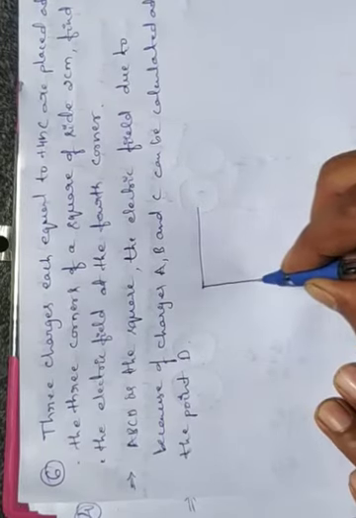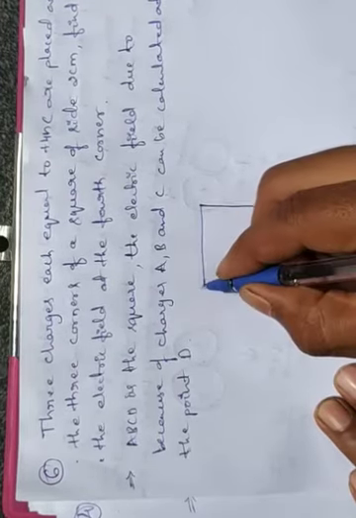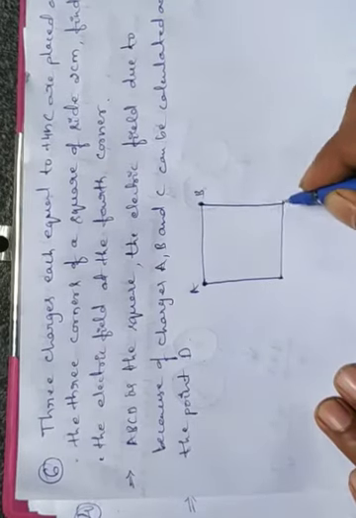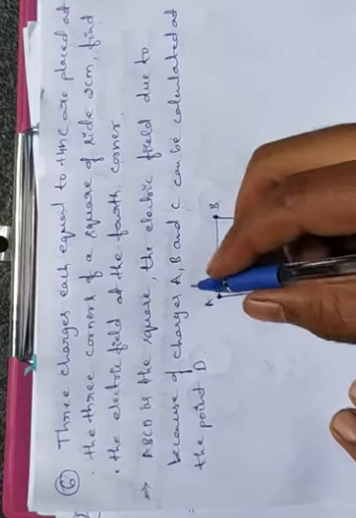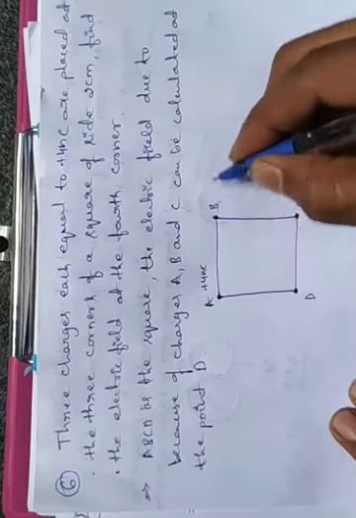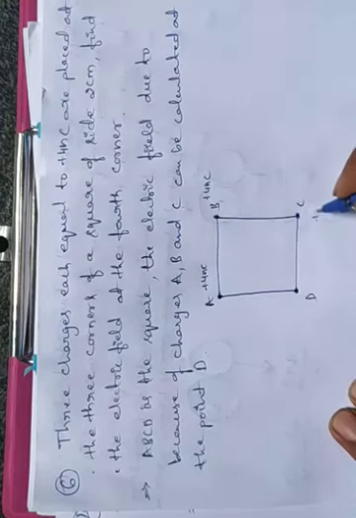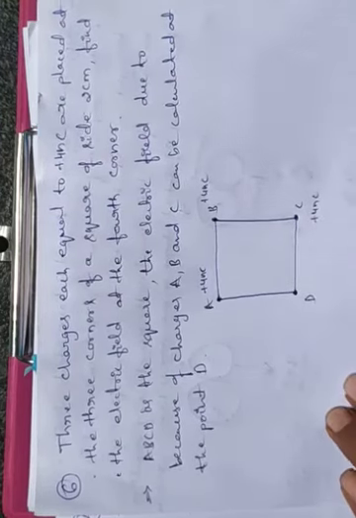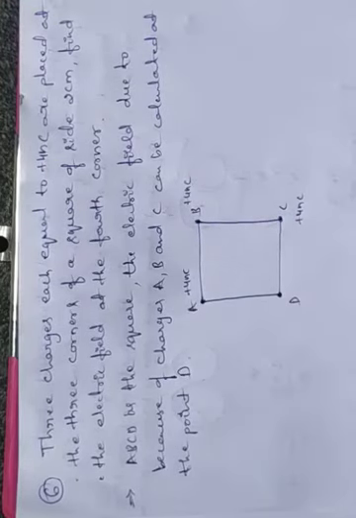Suppose this is the square we have taken, and it is A and it is B and it is C and it is D. Okay, and here it has the charge plus 4 nanocoulomb, and here also plus 4 nanocoulomb, here also plus 4 nanocoulomb, and at this point we have to find out the electric field due to these three charges.